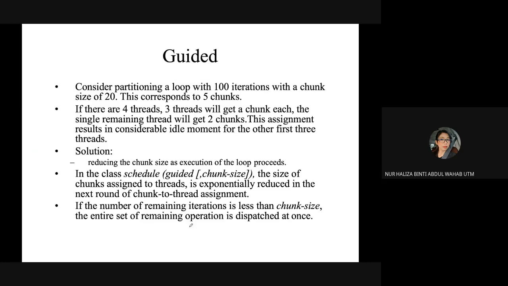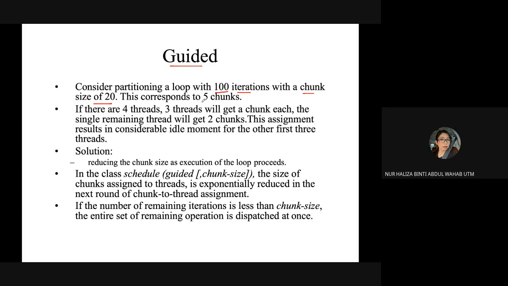And third is guided. Under guided, let's say you were given a situation. You need to consider partitioning a loop of 100 iterations with a chunk size of 20. It's already given you the chunk size and also your iterations of 100.